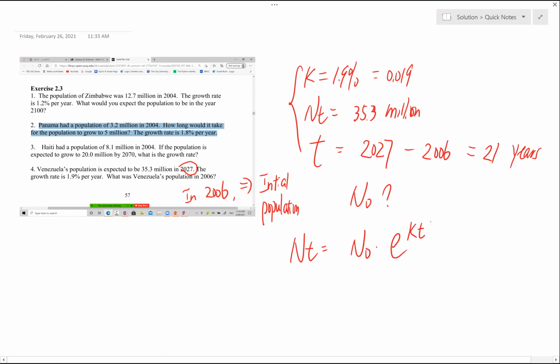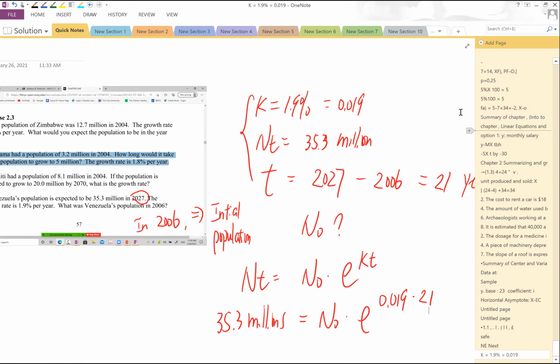Now we plug in all the numbers given here. NT is 35.3 million, and N0 is what we're looking for. K is 0.019 times T is 21. In order to solve for N0, you just need to divide both sides of the equation by this exponent.